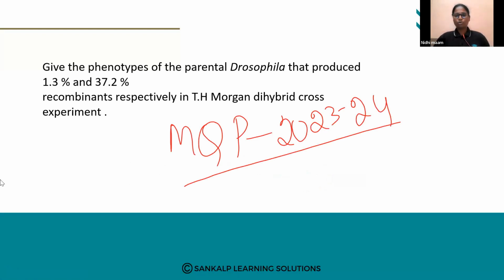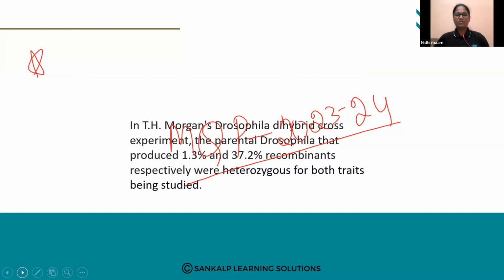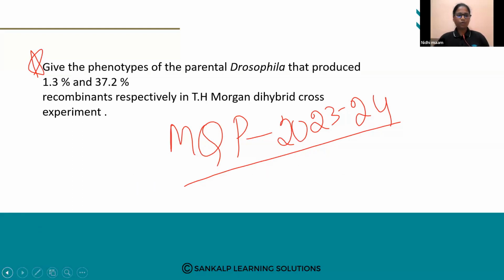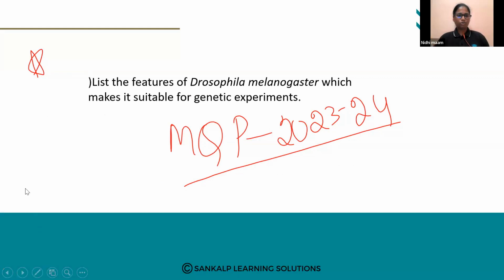In that model question paper, this question has been asked and the answer is very simple. As I said, in both the characters, the parents will be heterozygous in condition. Okay, let us proceed to the next question.